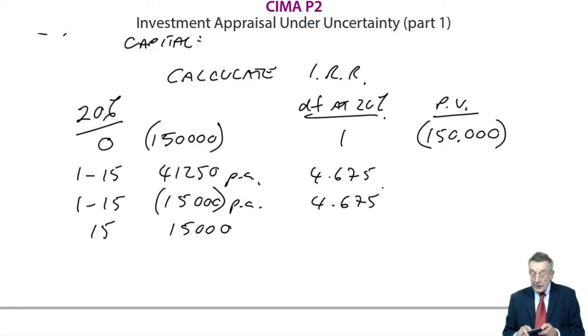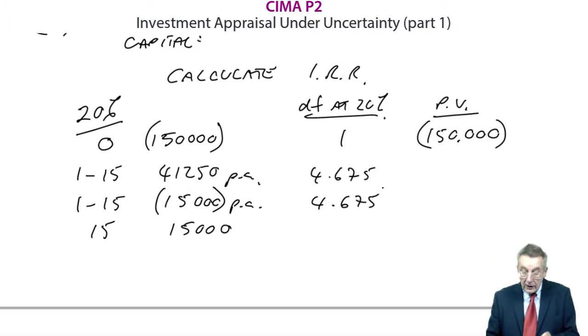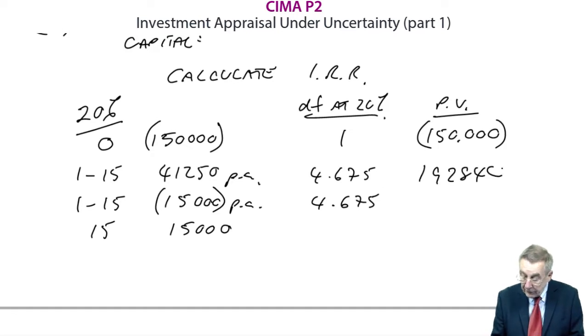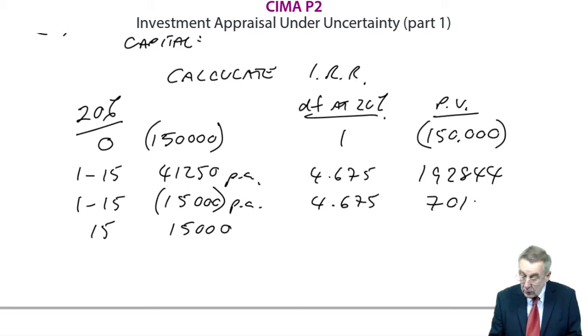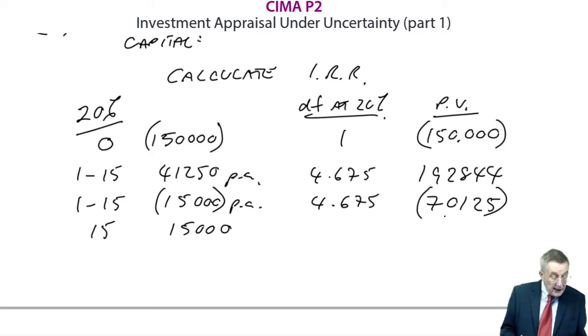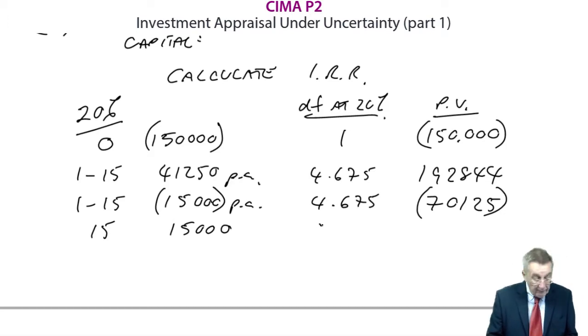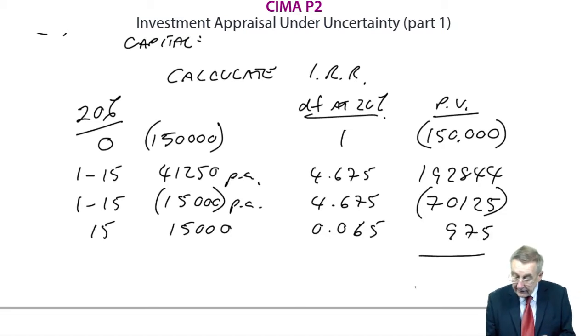So the present values of the contribution, 192,844, and of the fixed, 70,125. And finally, the scrap, the ordinary 20% factor for 15 years, 0.065, gives a present value of 975.